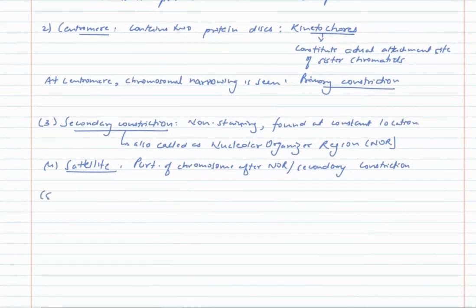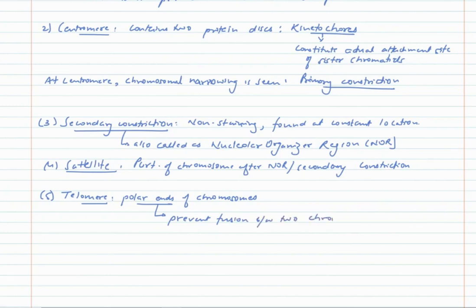Next is telomere. Telomere refers to the polar ends of chromosomes. These polar ends, they prevent fusion of one chromosome to another chromosome. These are rich in guanine.